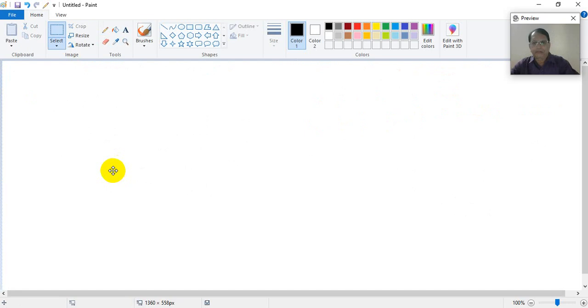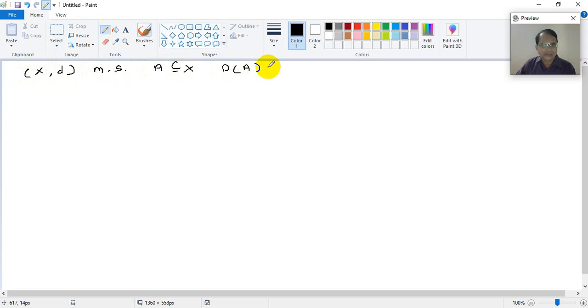You can try. Now we will proceed further, and we will try to prove second property. So first property told you that derived set of A is a closed set, so that we can use for further proofs. So now what is done by us, if XD is a metric space, okay, A is subset of X, then just now we have discussed, not actually proved, DA is closed set.